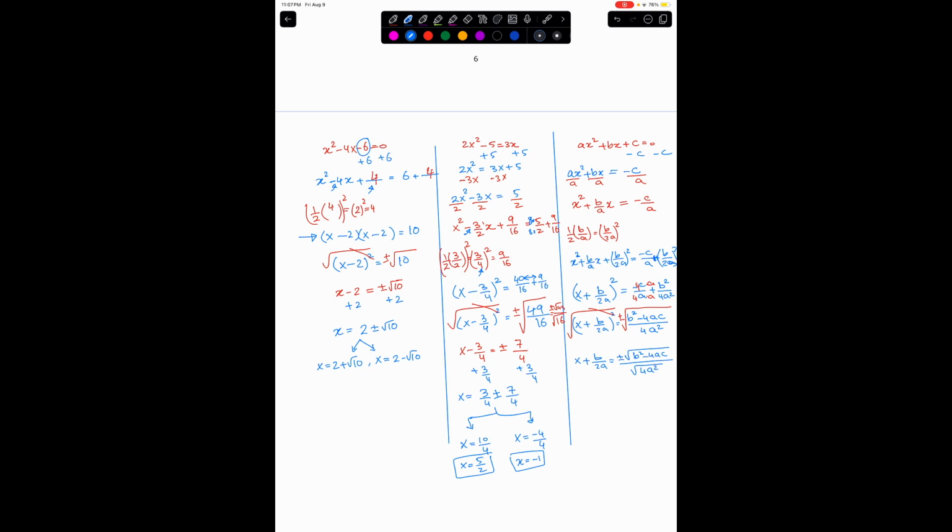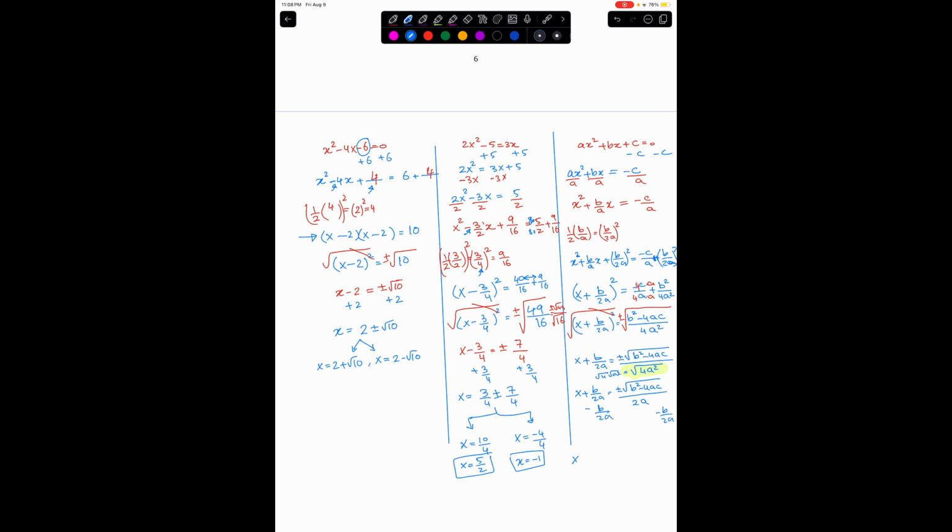Now, the denominator here can be simplified because every single character is a complete square here. So we're going to say x plus b over 2a equals positive or negative square root of b squared minus 4ac over 2a, because this splits into square root of 4, square root of a squared, basically. Now we're just going to subtract b over 2a from both sides.